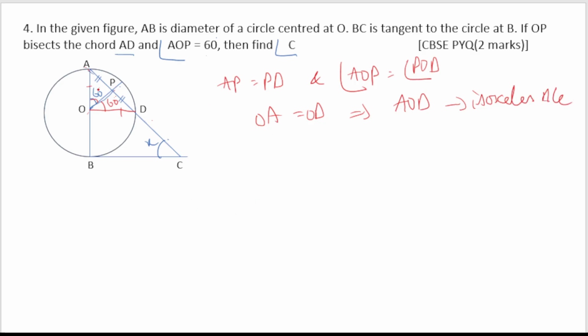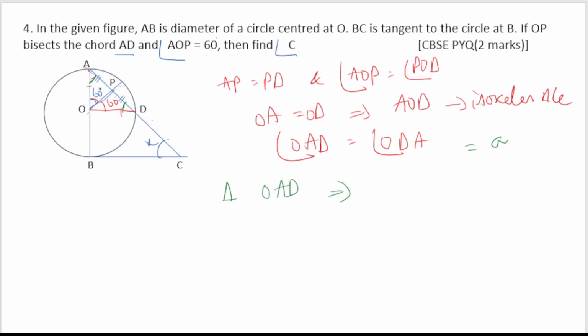Okay. So the angles opposite to these equal sides are equal. So angle OAD is equal to angle ODA. This angle is equal to this angle. Okay. We will assume this as A. So in triangle OAD, we will apply the angle sum property.